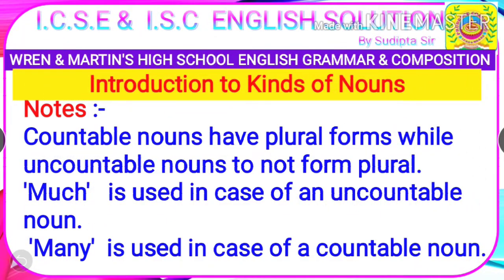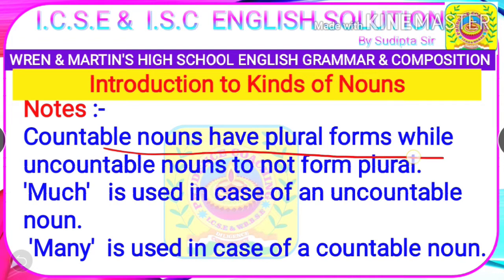Next, we will know about some notes. Countable nouns have plural forms, while uncountable nouns do not have plural forms. That means, students, we can find the plural form of a countable noun, such as book. Book has the plural form books. Boy has the plural form boys. But can you, student, make the plural of sugar here? No, it's not possible.